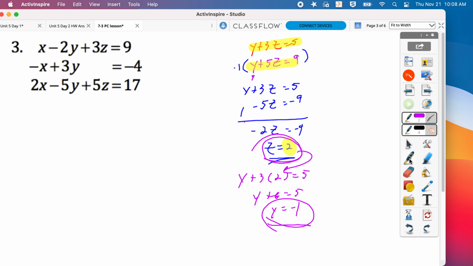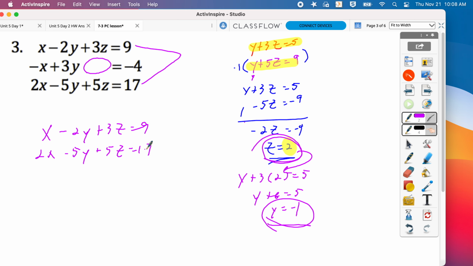All right, so also looking at this problem, it doesn't have a z value. So what I can do is I can take these two equations, take the top one and the bottom one, and do my math, which I'm not going to show because you can do this, to eliminate my z's.